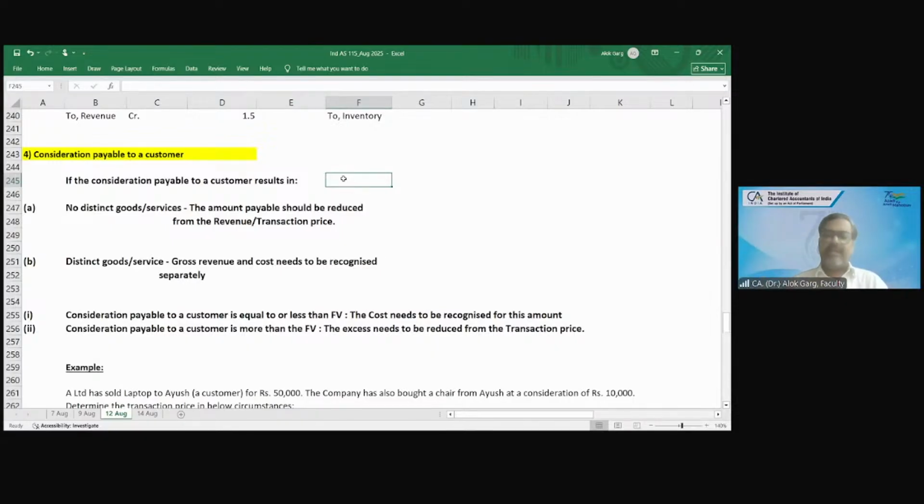But what happened? Let's say, now I'm taking my example. PepsiCo told this mega store that you have to pay me 1 crore rupees for this Pepsi, right?